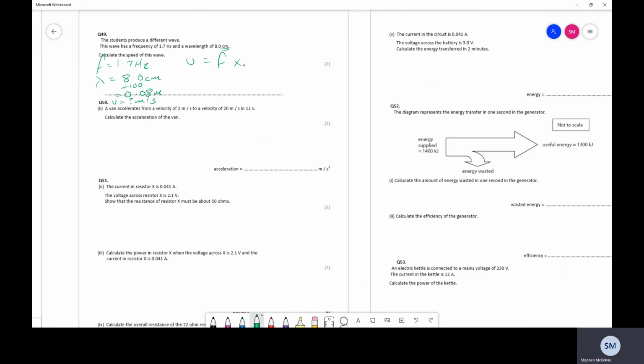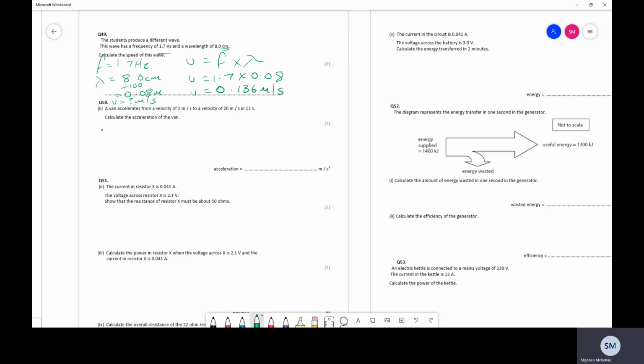V is equal to F times lambda. V is equal to 1.7 times 0.08, that's a nice one, 0.136. Velocity is equal to 0.136 meters per second. Just double check my numbers. 1.7 hertz, 8 centimeters divided by 100, 0.08. Yep, looks to be going well.